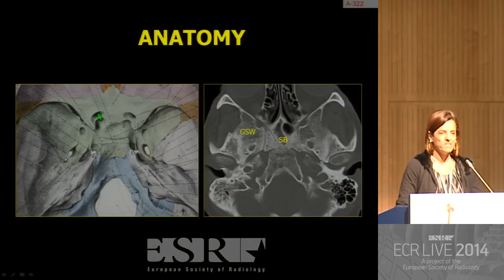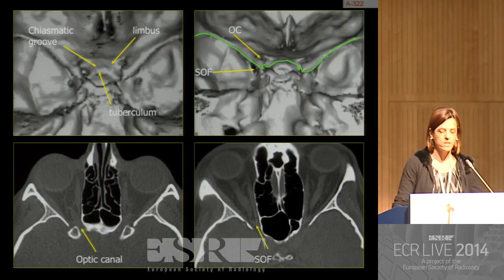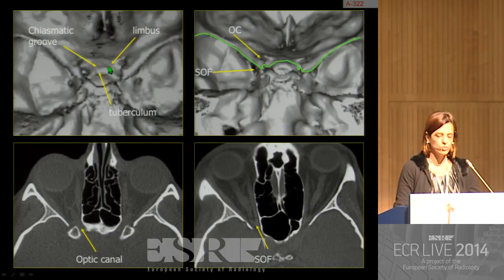The central skull base is made medially by the body of the sphenoid, which houses the sphenoid sinus, and a little bit more posteriorly by the basisphenoid or anterior aspect of the clivus. More laterally, you have the greater sphenoid wings, and then the central skull base is pierced by a variety of neurovascular foramina. So, as I told you, the chiasmatic groove separates the anterior from the central skull base.